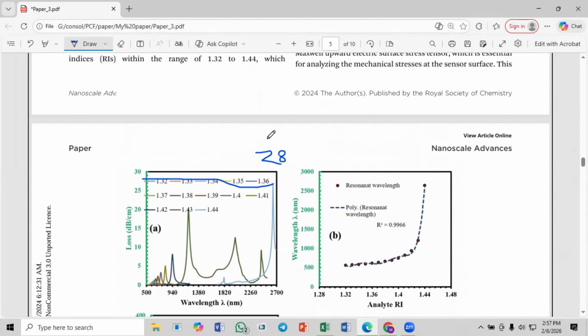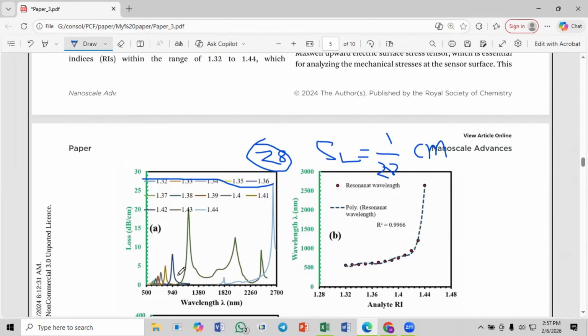So if the maximum loss is 28, then the sensor length is equal to 1 divided by 28, per centimeter, so the sensor length unit will be centimeter. This is the maximum sensor length.